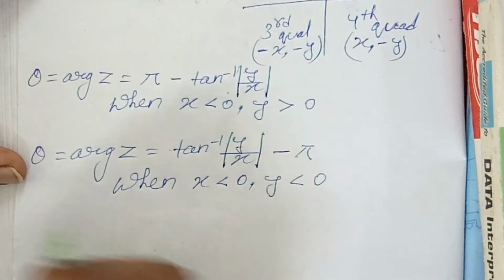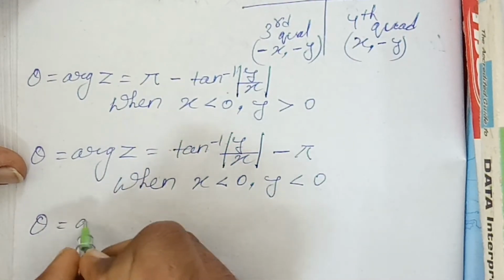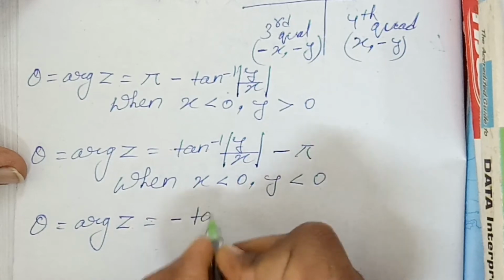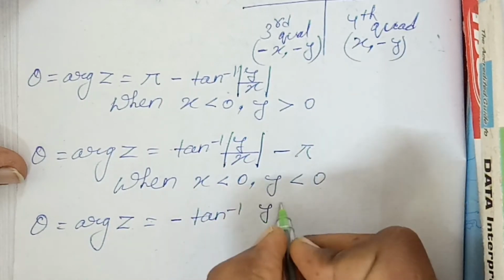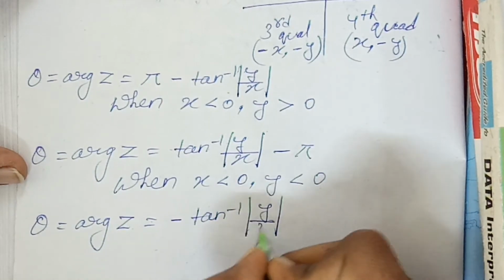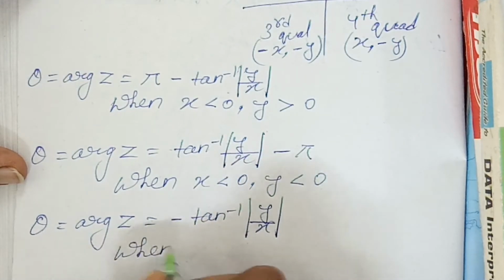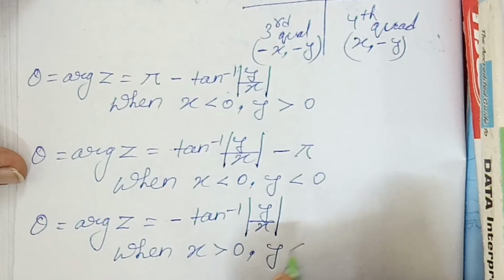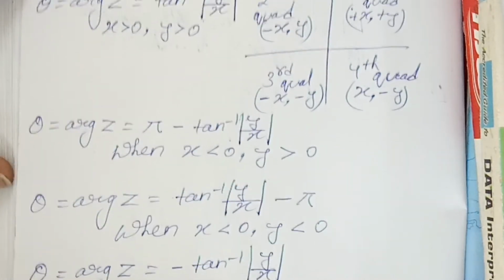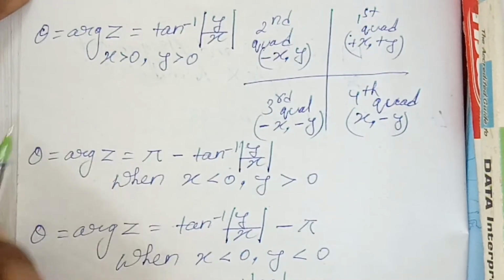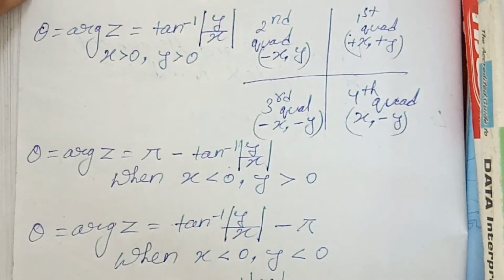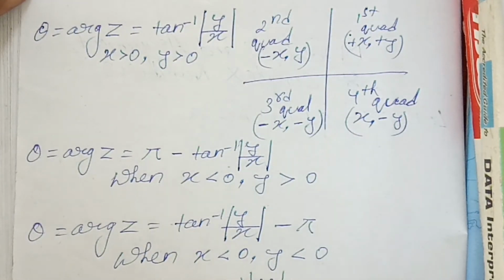And for the fourth quadrant, theta is equal to argument of z is equal to minus tan inverse modulus y by x, when x is greater than 0 and y is less than 0. So these four formulas give the argument of z for the first, second, third and fourth quadrants.